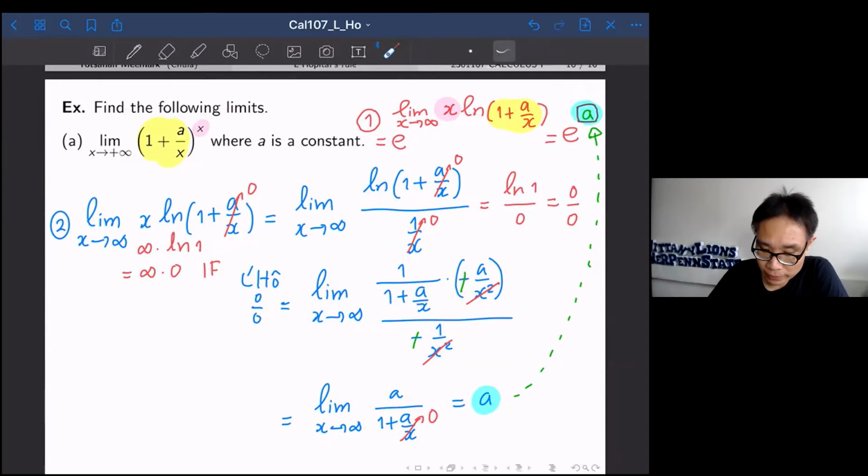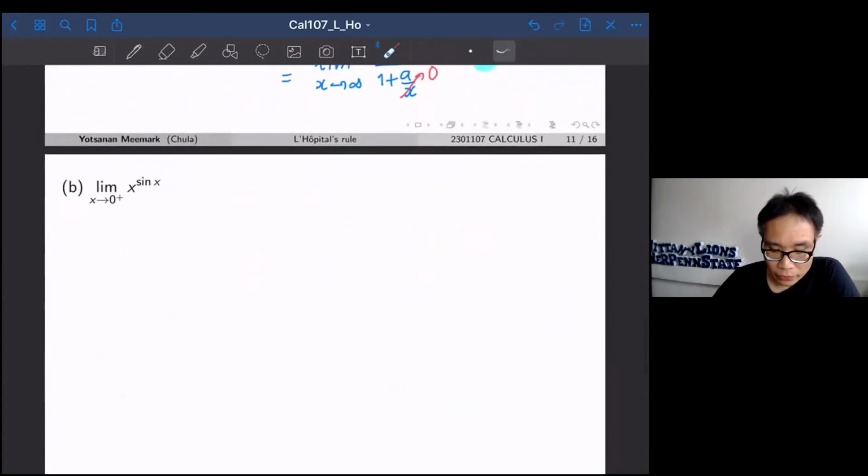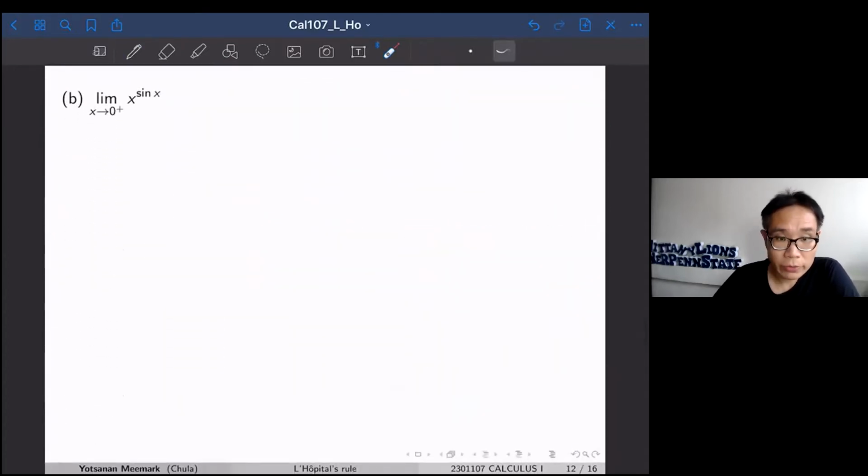So let me write down, this is the third step. So it's going to be the first step, the second step, and the third step for the power law. The next one is the limit as x goes to 0 of x to the sin x.